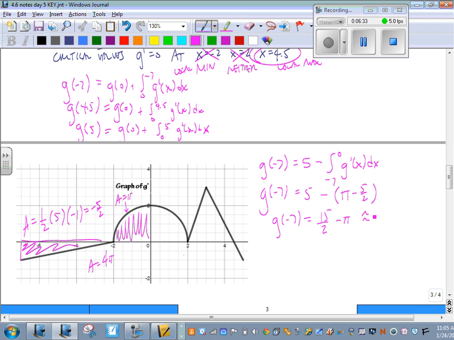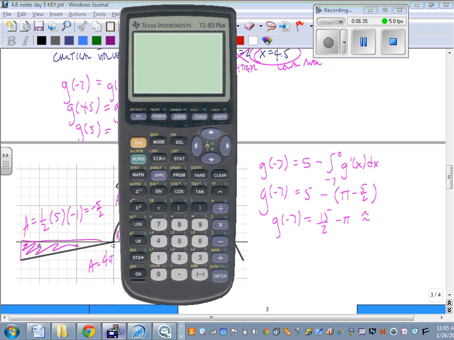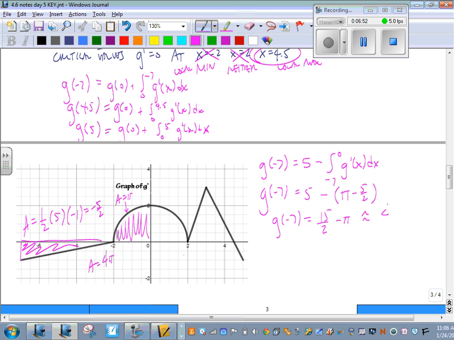Let's get a decimal approximation so we can compare it to other ones a little bit easier. We have 7.5 minus pi, and we get 4.358. So that's our g of -7.